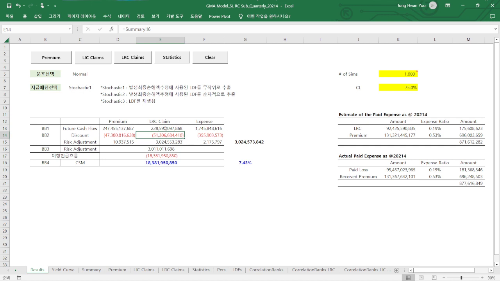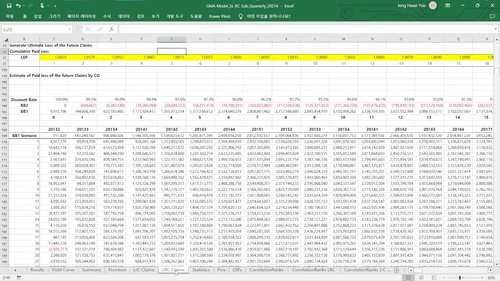So when I say unbiased, it means that you have 1,000 different scenarios, and you can get the so-called sample mean, which is the building block one. And risk adjustment is a separate story on how you can come up with it. But in today's session, I just showed you how I can build a sample model to come up with building block one and building block two.